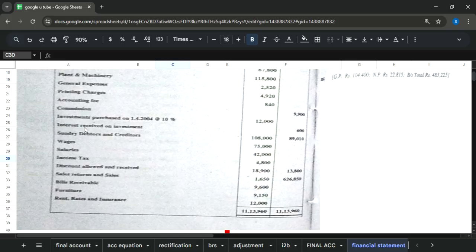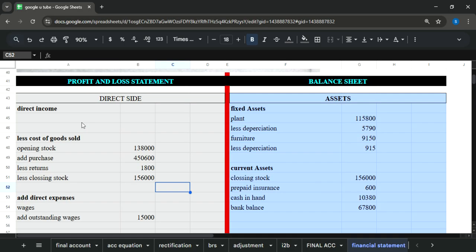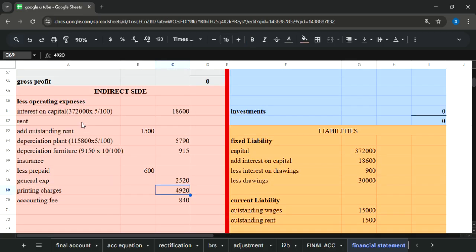First, we will write investment. Since it's an investment, we will go to the asset side and we'll mention investment over here. And we would need a line as well. So let's turn it to upward side. Now write down the amount of investment, which was 12,000.